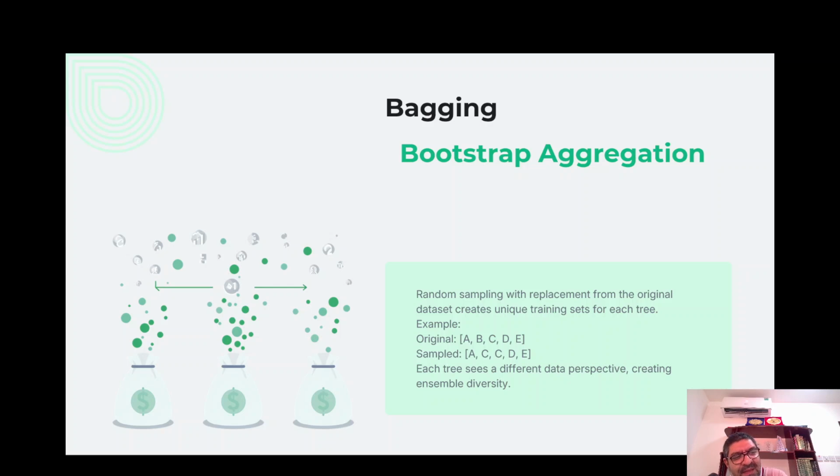So random sampling with replacement from the original data creates a unique training data set. It's creating a unique training set for each tree. The example is given. Each tree sees a different data perspective, and that will have a direct influence on the results. The ensemble will be creating diversity, and that diversity is what we want.